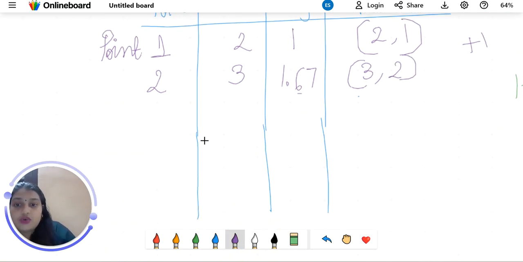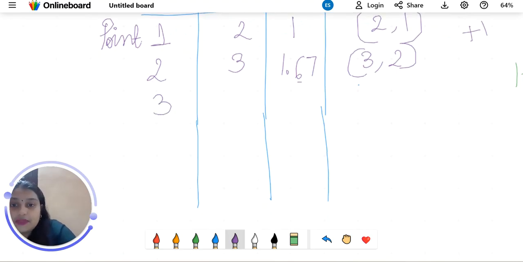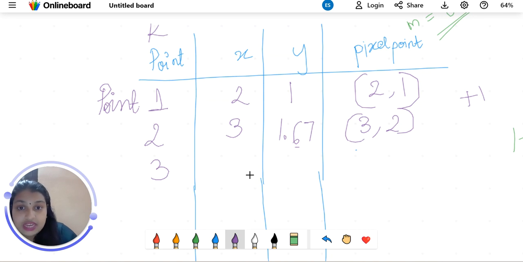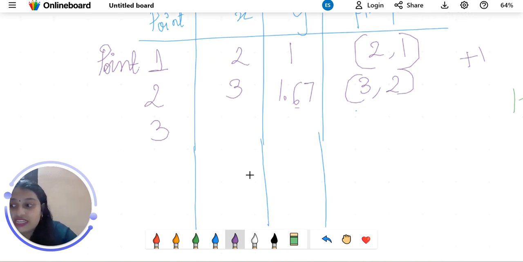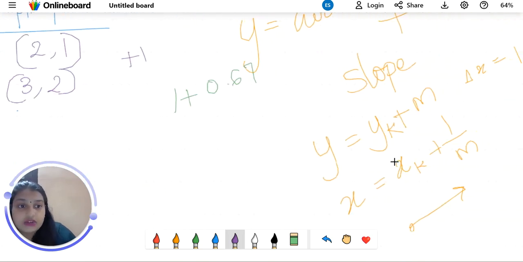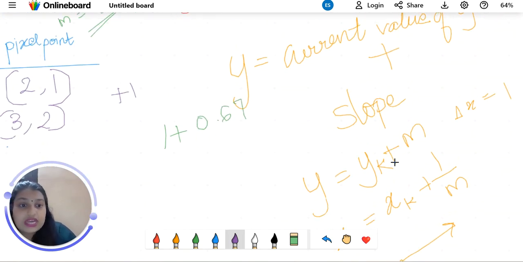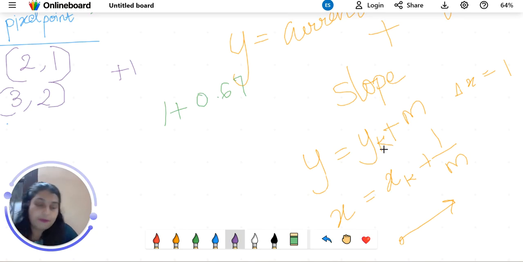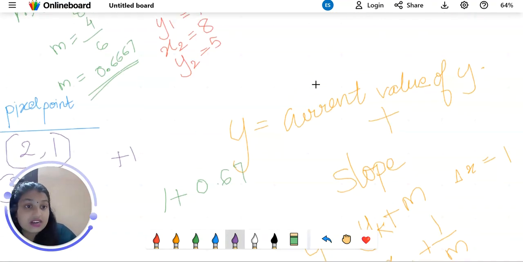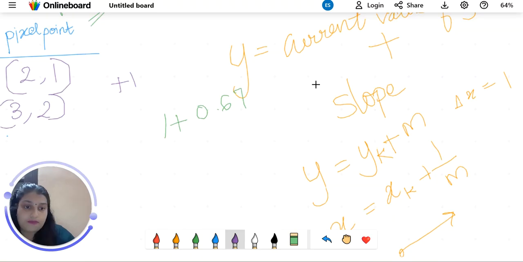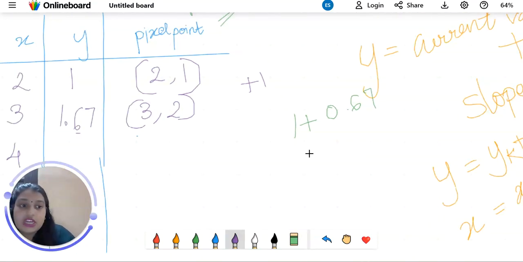Next we go to point 3. Incrementing x by 1, we get 4. How do we calculate y? Yk plus m, that is the proper formula. Yk is the previous, that is the current value of y, plus the slope. That is a simple formula.